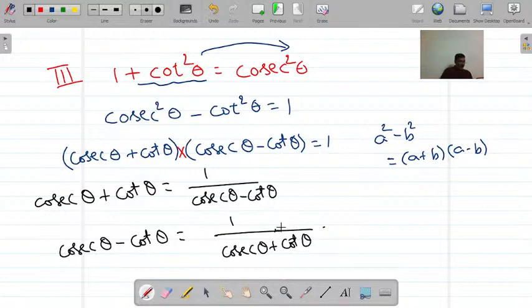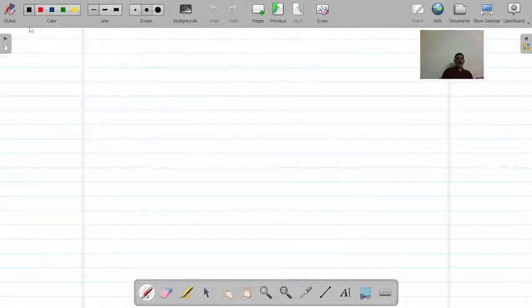Now let us go for a few examples where we can make use of this. I will show you one problem so that you can understand how you can make use of it. Now this is actually a standard problem. Most of the times these kind of problems will be given.